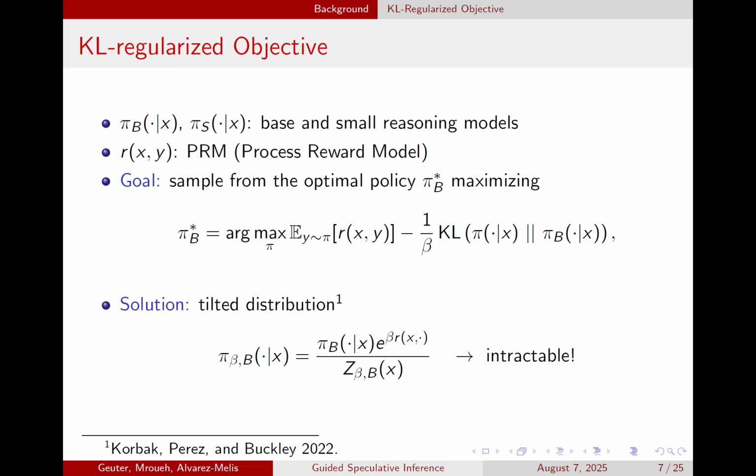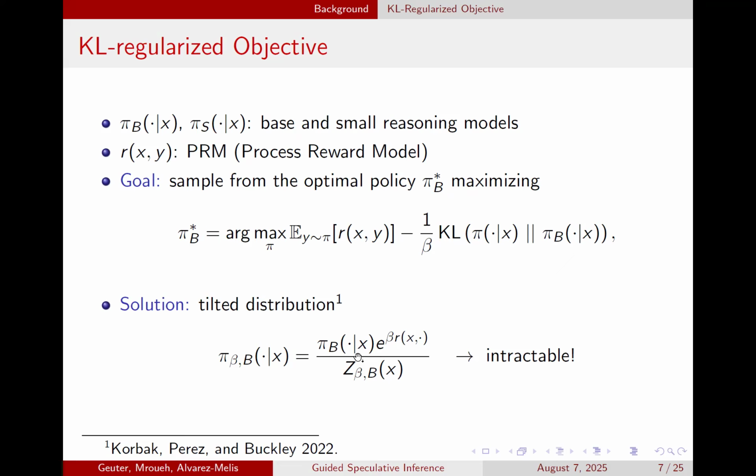And then it can be shown that the solution to this problem actually has a closed form, the so-called tilted distribution, which looks like this. We'll call it pi beta b because it also depends on this parameter beta. The tilted distribution is a distribution over pi b, as you can see here.